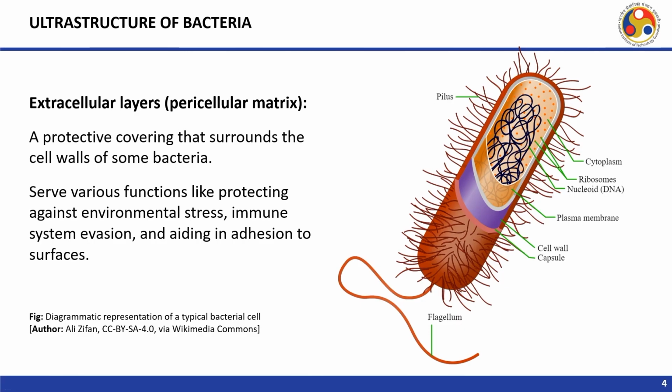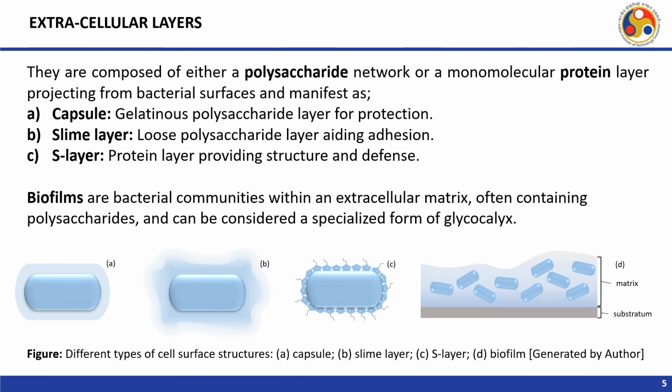One of the important components of a bacterial cell is the extracellular layers, which is also known as the pericellular matrix. It is a protective covering that surrounds the wall of some of the bacterial species. It serves various functions like protecting against environmental stress, immune system evasion, and aiding in adhesion to surfaces.